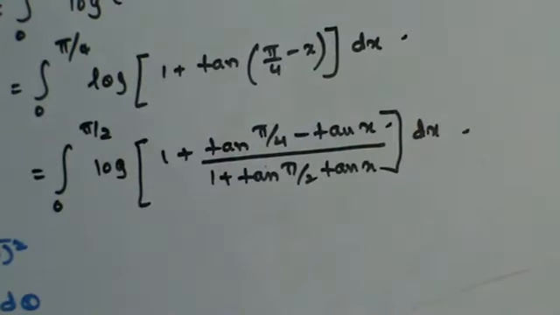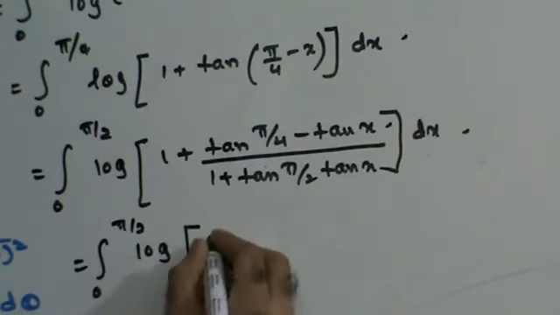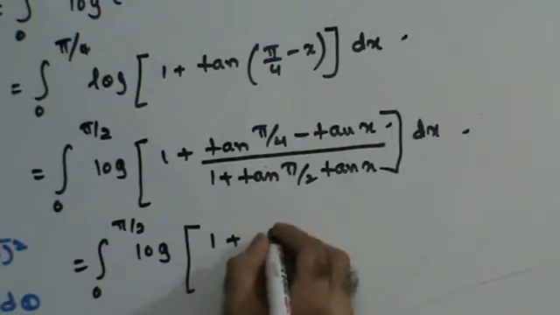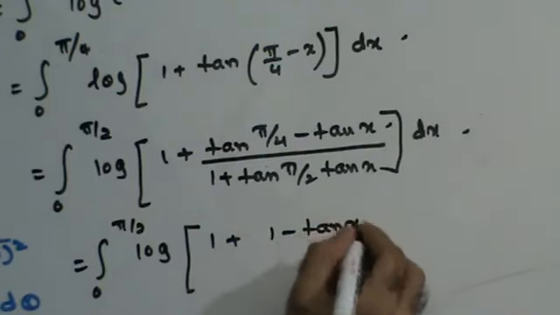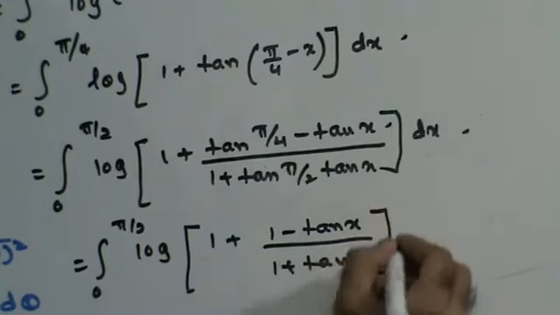Now this can be written as integral of 0 to pi by 4 log 1 plus, tan pi by 4 is 1, so 1 minus tan x upon 1 plus tan x dx.